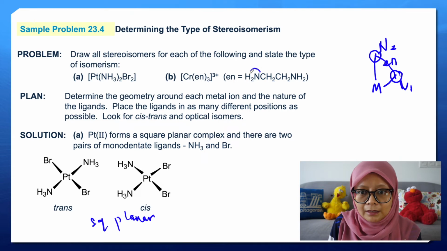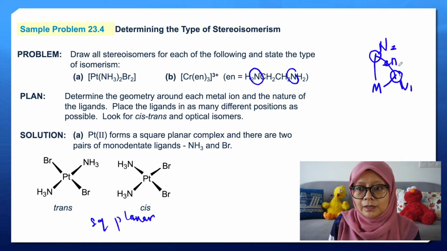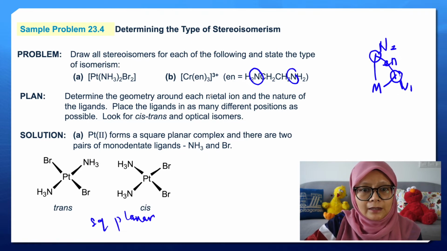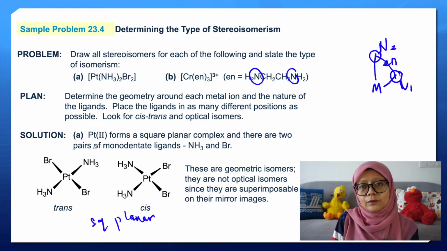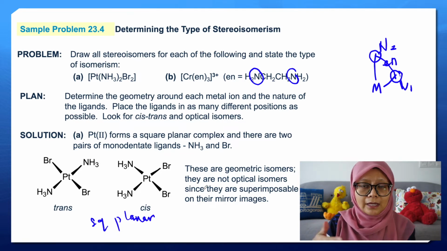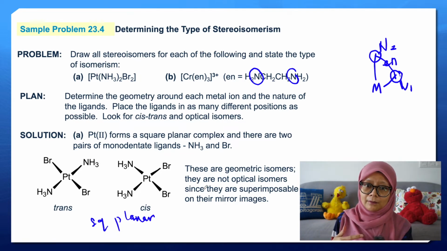So this is one ligand with 2 donor atoms, so bidentate. This is the answer for A, and these are both geometric isomers and they are not optical isomers, because they are superimposable on the mirror image, meaning they are bertindih, superimposable. And then what about B?